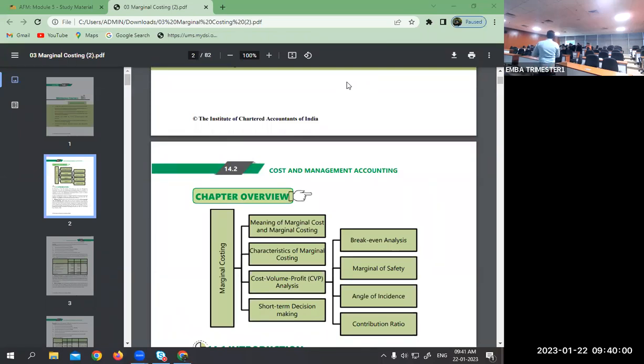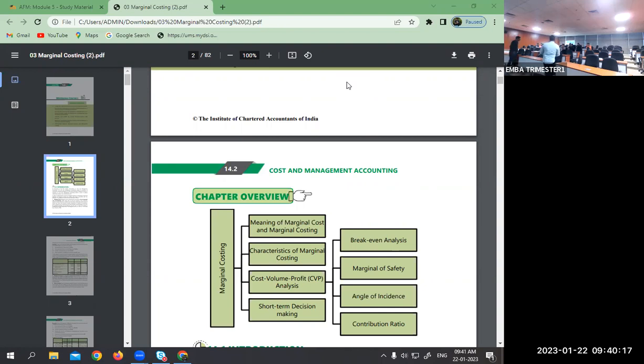If you add admin and office overheads, you get cost of production. Prime cost plus factory overheads equal to work cost, plus office admin overhead is equal to cost of production.